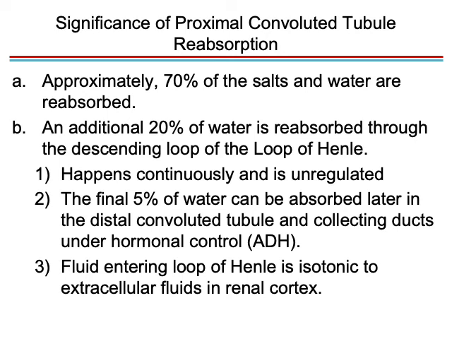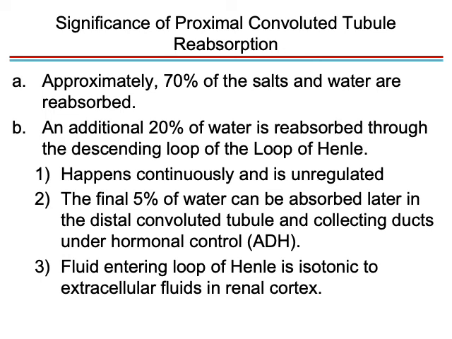So what goes further, which of course is going to be in the second part of the lecture, is only about 20% of the water and salt required to get balanced. And so if you think about it, the next part, the loop of Henle and the stage of concentration, they're only dealing with a small amount of water and salts rather than the entire plasma.